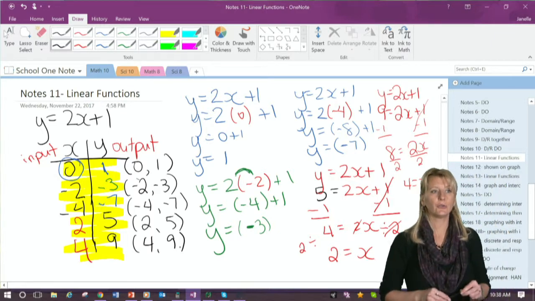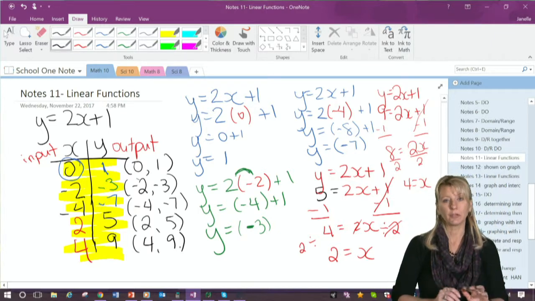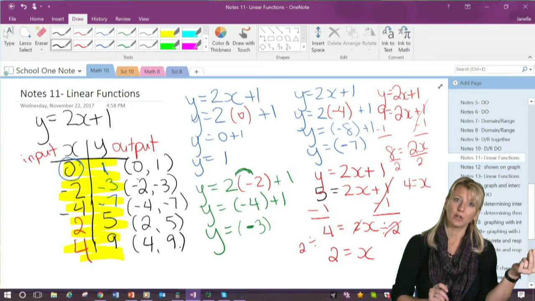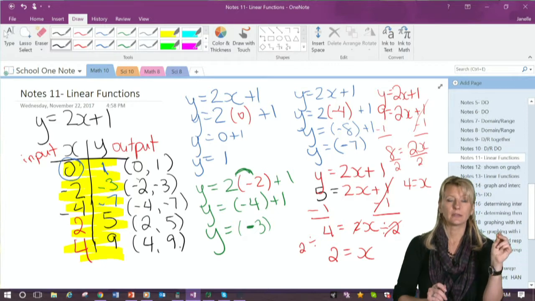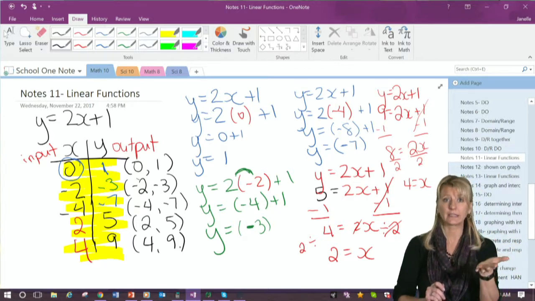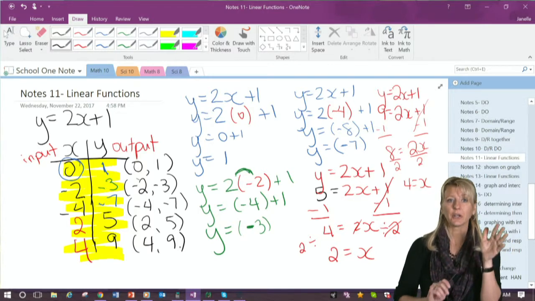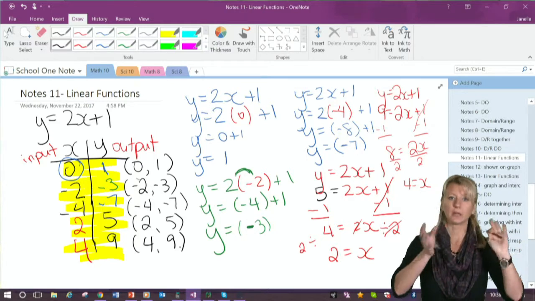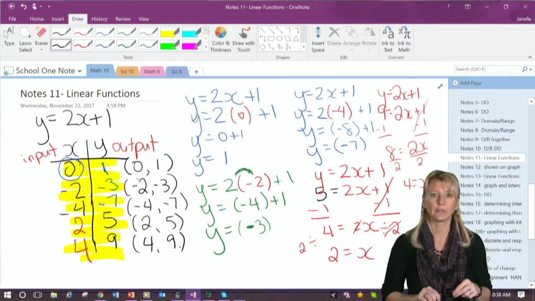When you do the table of values and find the input and output, you're also creating an ordered pair. And what those ordered pairs do is allow you to plot them onto a graph. So this is the step that you do in order to put stuff on the graph. This is stuff that I even taught in grade 7. You pick numbers, find out what the input and output is, and that's your coordinate that you plot on there.